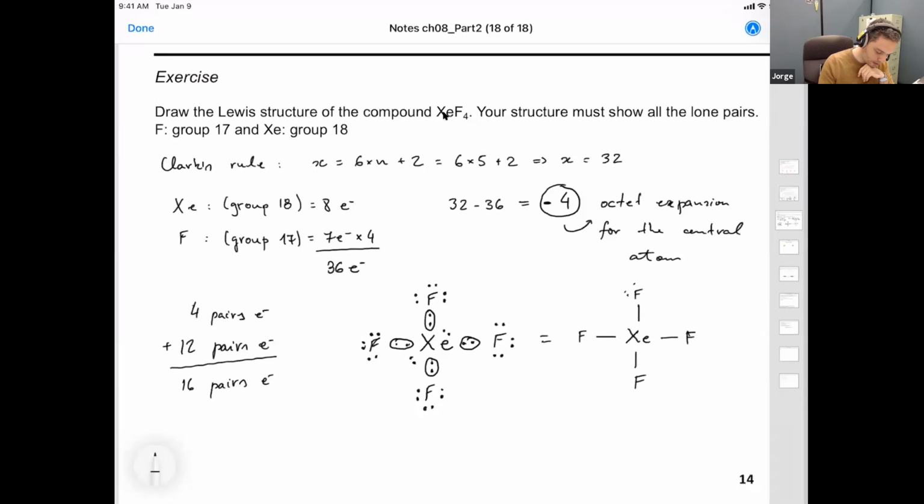Always show the lone pairs in the structure, because that's going to be very important in the future. And in this case, we have two lone pairs for the central atom. And that's an example of a compound containing a noble gas. And it's a very classic example, the XeF4.